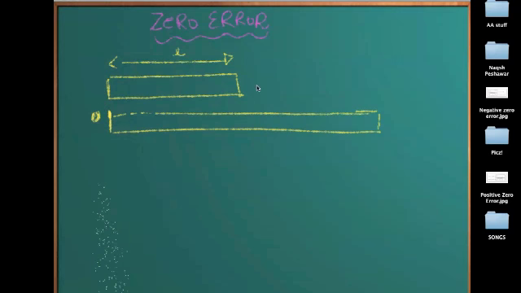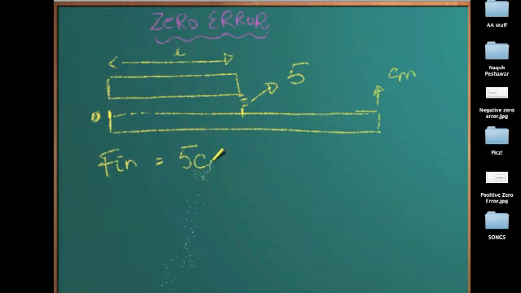You put it right here, and this is, for example, the mark that says 5. Okay, so I've just magnified it. If this scale says centimeters, I can safely say that the final reading is 5 centimeters.